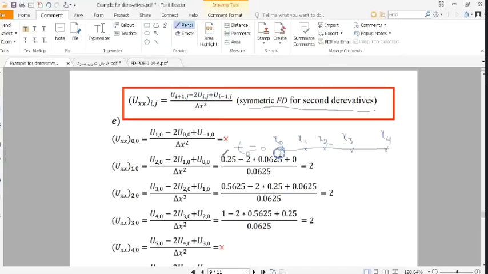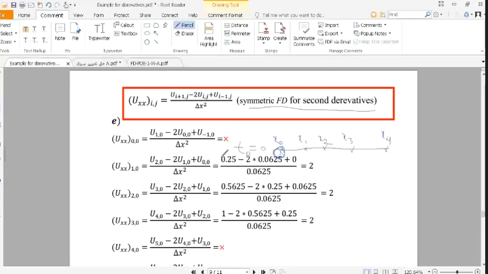Based on this formula, we have u1,0 minus 2 u0,0 plus u at minus 1,0, and we don't have u at minus 1,0. So we cannot compute uxx for the first point of the first line.